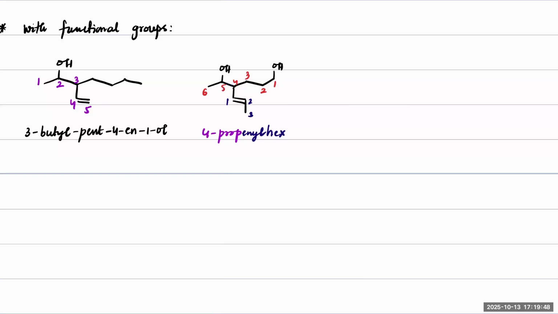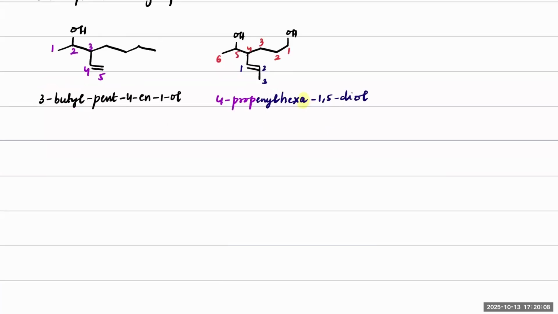Now notice this one. Whenever you have multiple functional groups, then you write hexa. This A should always come into the picture. So hexa, and then we have 1,5-diol. Here no double bonds are present, so we'll write it as hexane.